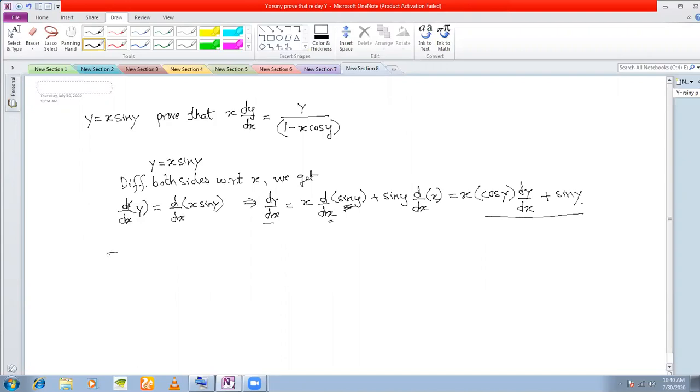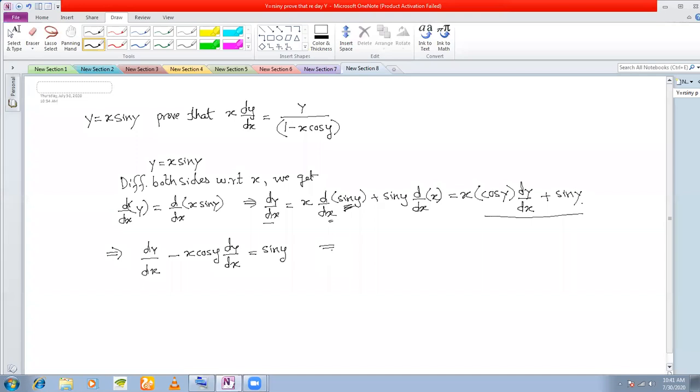So I take all the dy/dx together on one side. So I get dy/dx minus x cos y dy/dx is equal to sine y.